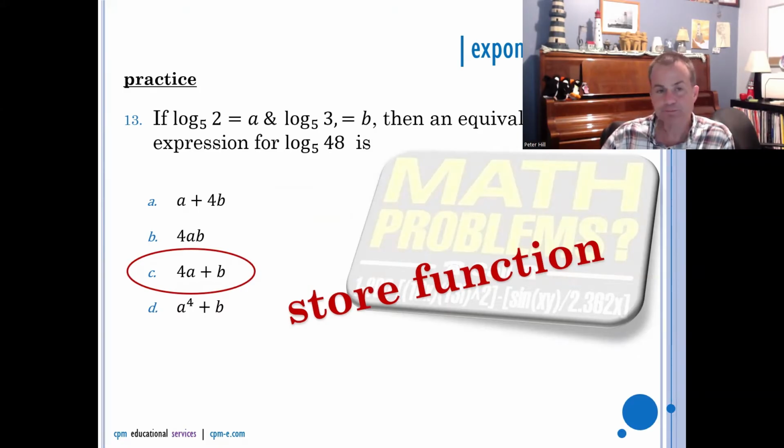So you could store a value in for a: go log base 5 of 2, figure out what that decimal is, and store that as a. Then log base 5 of 3, store that as b. Then figure out what log base 5 of 48 is. Then in your calculator, type each one of these in, and only one of them is going to match the same number that log base 5 of 48 is. So that's another way to use your calculator to check your answer.